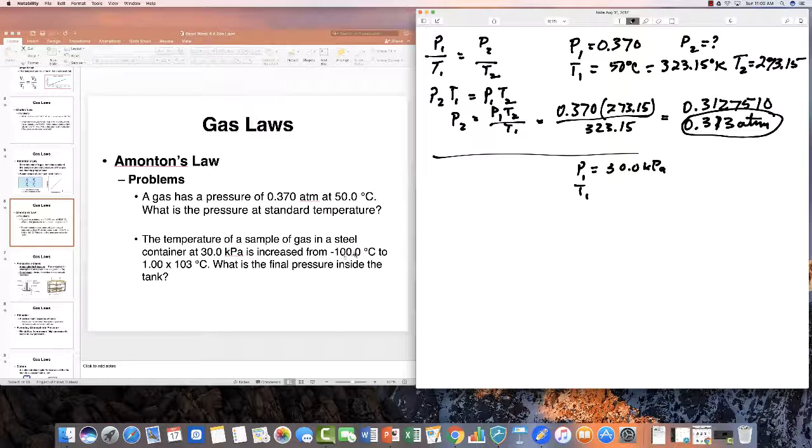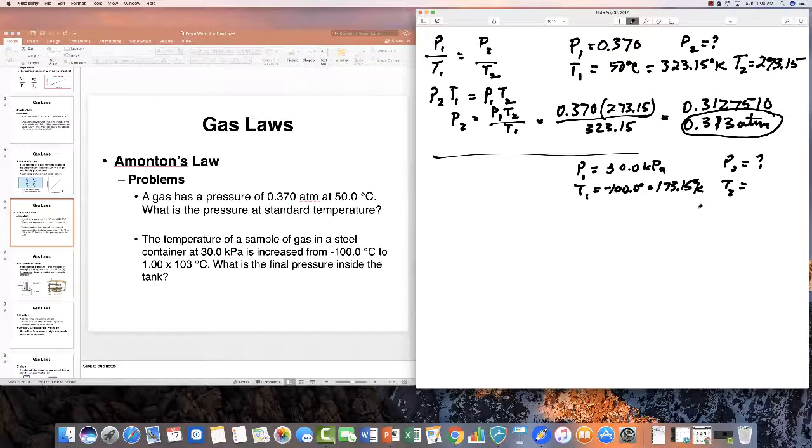T1 is minus 100 degrees, or if you add 273, you get 173.15 degrees Kelvin. P2 is what you don't know.